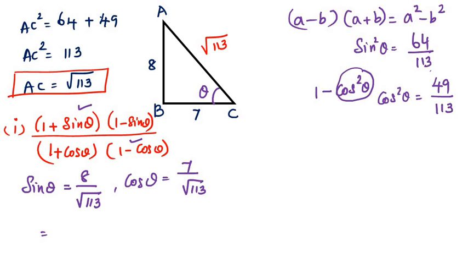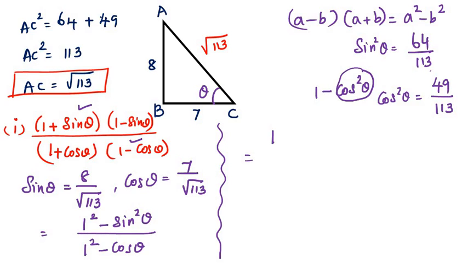So we have found all the values for numerator and denominator. Now we are going to substitute in 1 square minus sin square theta, divided by 1 square minus cos square theta.